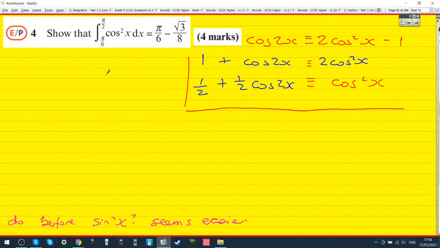So how would you do this question? We write it as a half plus a half cos 2x, and then we can integrate that to be a half x plus sine x plus a half sine 2x times a half.